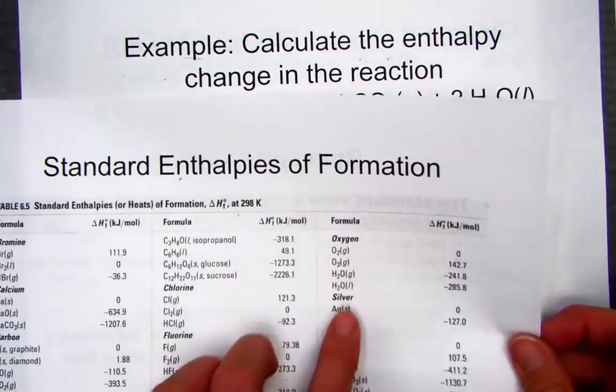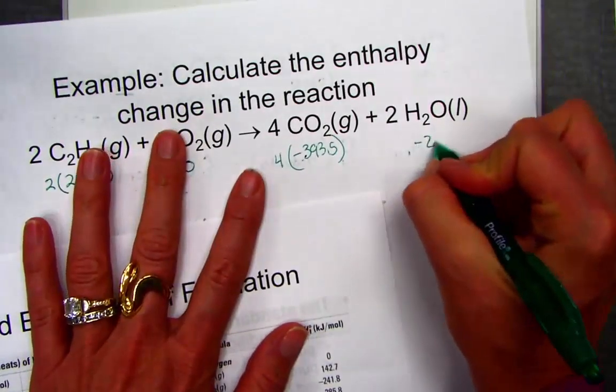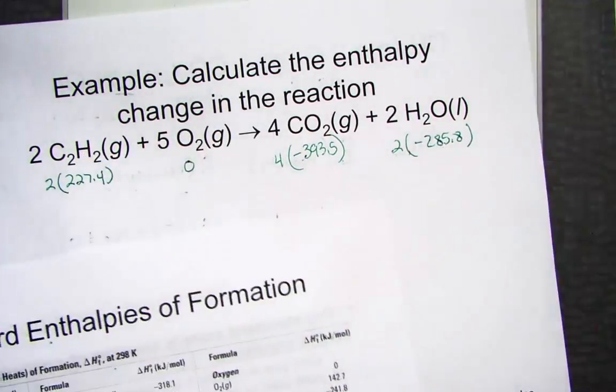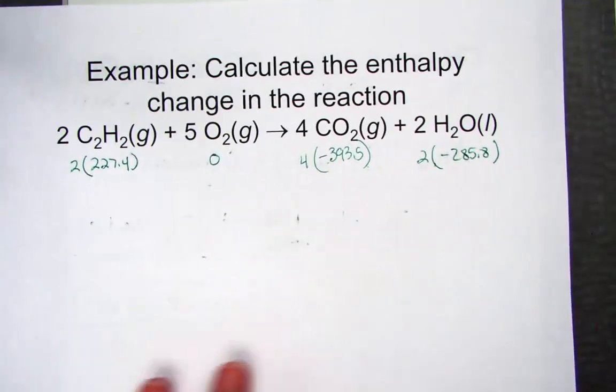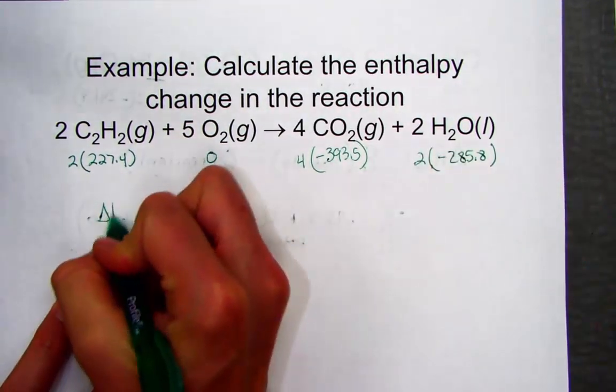And now liquid water, negative 285.8. Distribute a 2 through that. The heat of this reaction is the sum of products minus reactants. So I'll just set up my math.